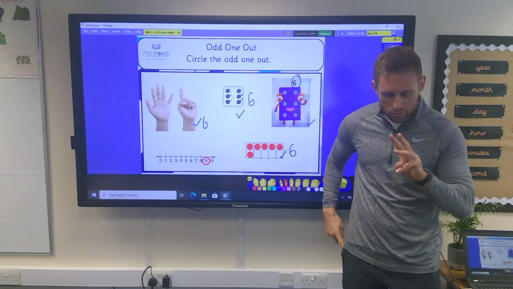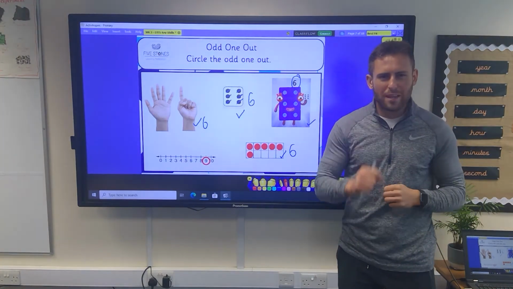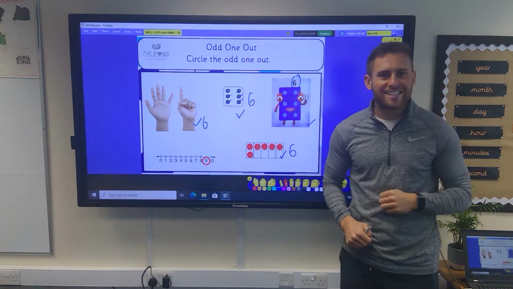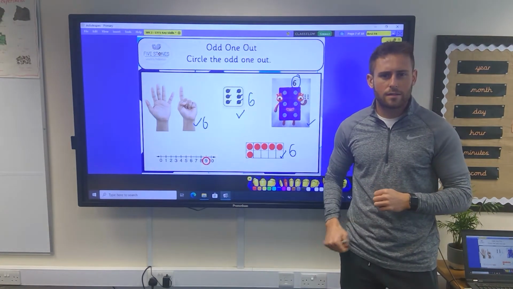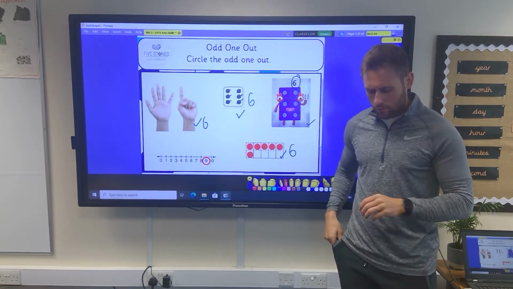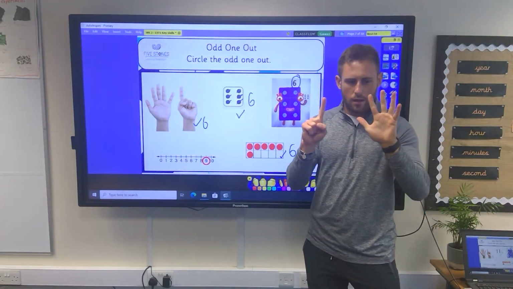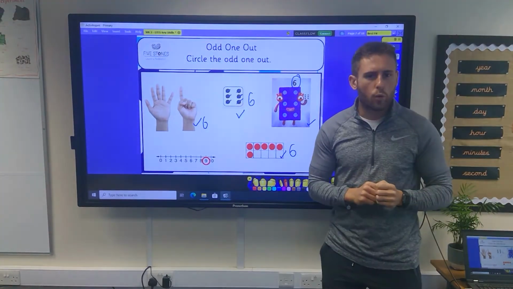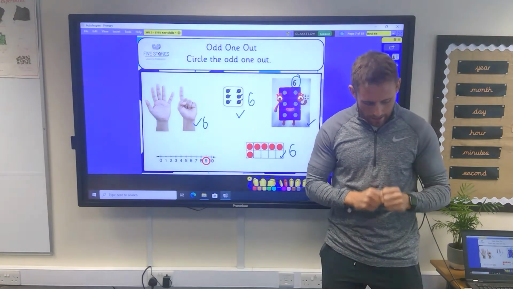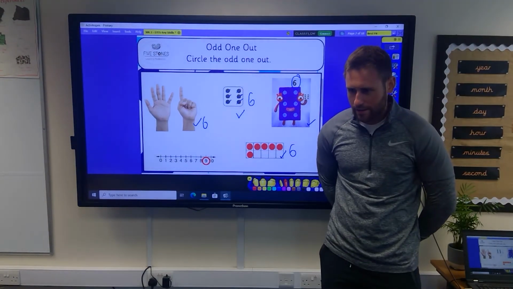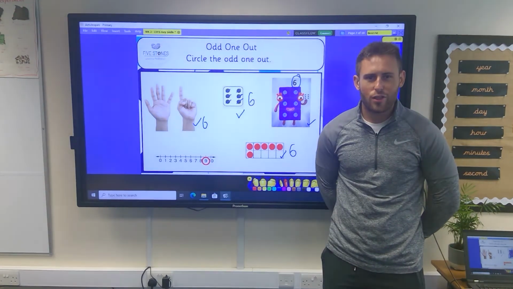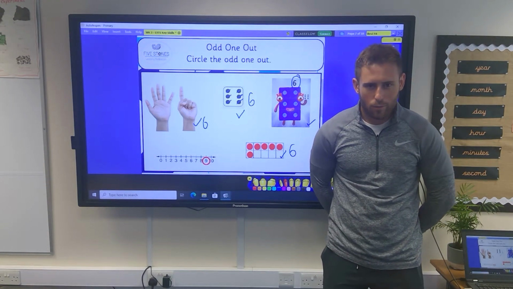I wonder, using your fingers, whether you can show me a different way to see the number 6. Okay, so we've got 6. Can you show me a different way, using your fingers, of how we can see the number 6? 5 seconds, 4, I'm watching. 3, 2, 1.